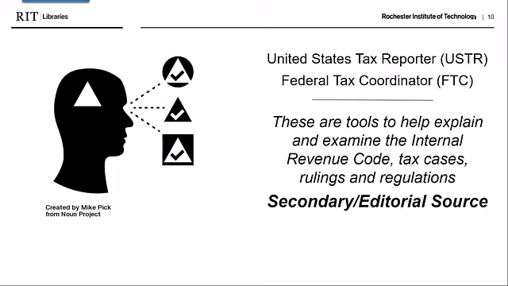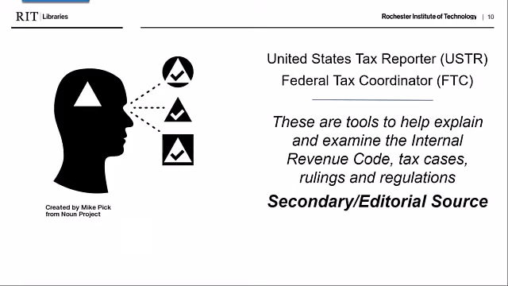The two major ones that you're going to be involved with are the United States Tax Reporter and the Federal Tax Coordinator. The United States Tax Reporter is going to offer summaries of federal cases and IRS rulings, organized by code section and legal issue, so it kind of mimics the code sections of the Internal Revenue Code.